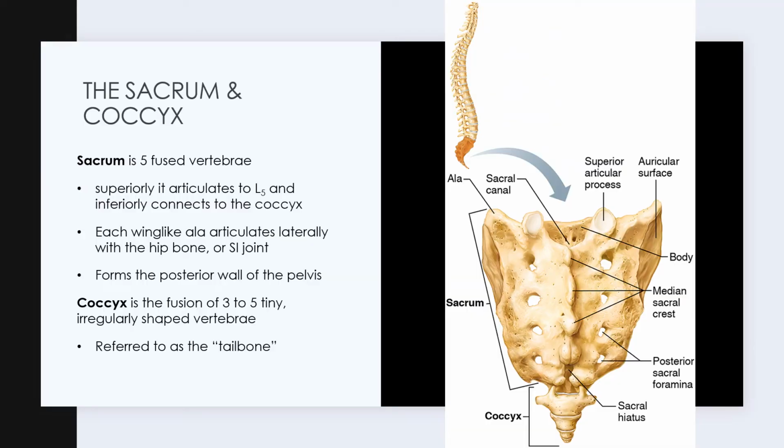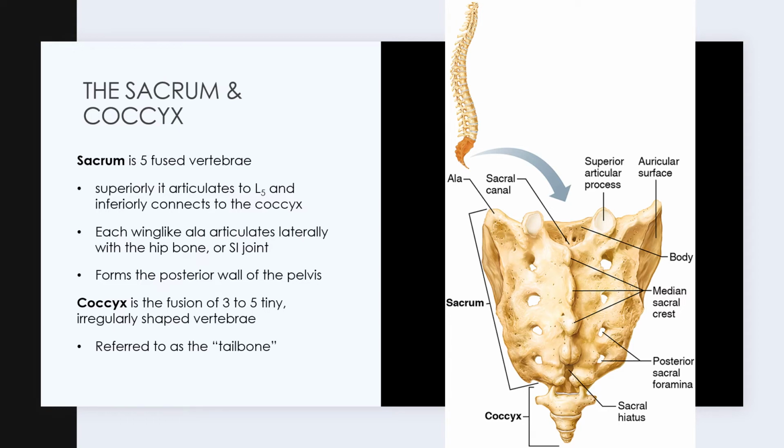So in the image on the right here, we're looking at the sacrum and the coccyx. The sacrum is 5 fused vertebrae, and the coccyx is the fusion of 3 to 5. You can see or surmise that the sacrum articulates with the bottom vertebra of the lumbar spine, so L5.